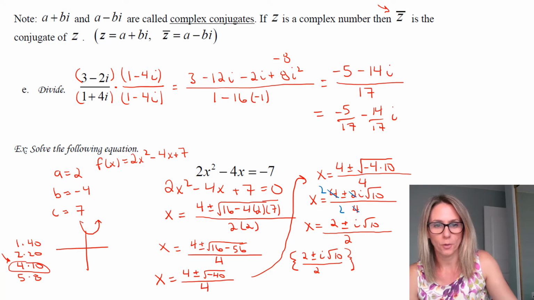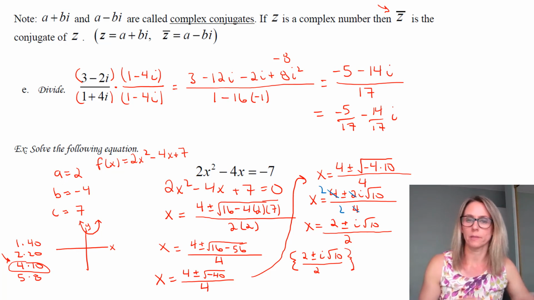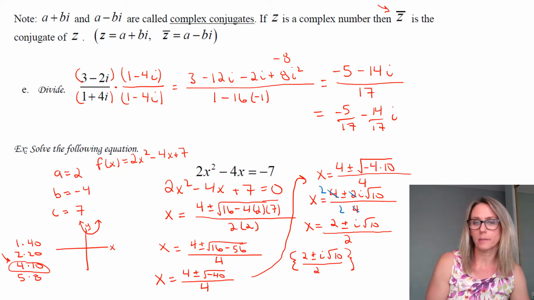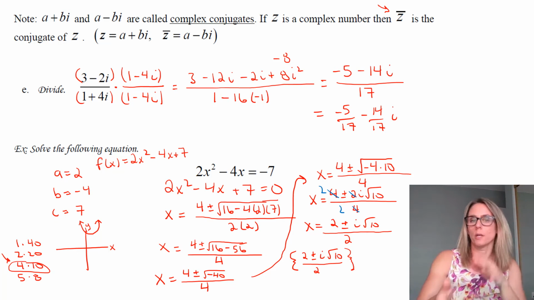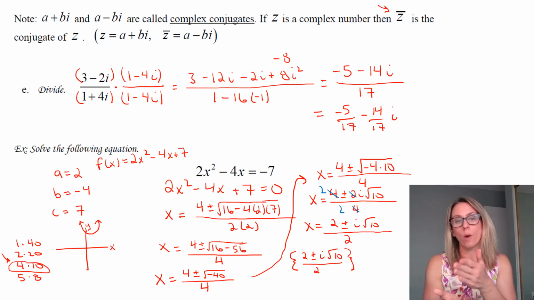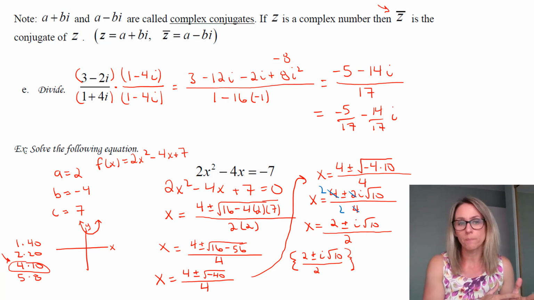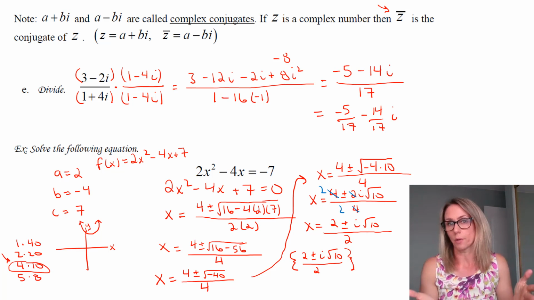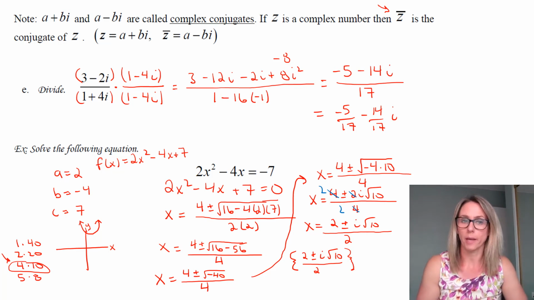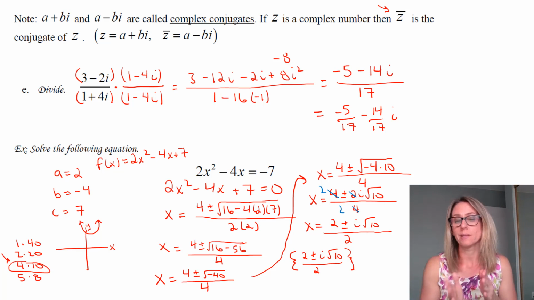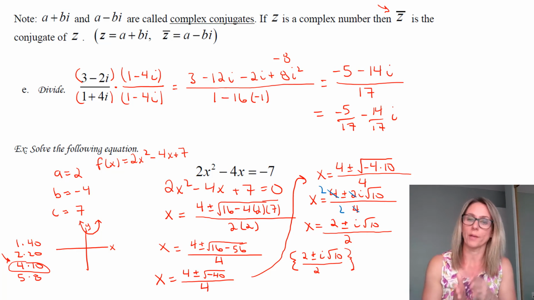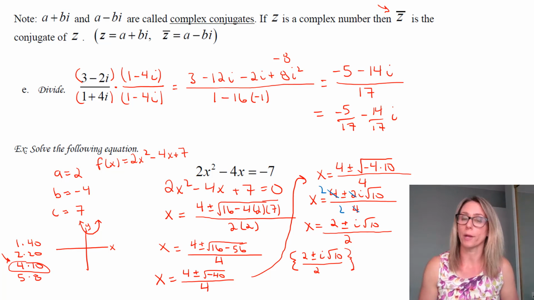The key thing to see here is, it's just a sketch, but if we were to graph this function, it would sit above the x-axis. There would be no place where it crosses the x-axis. That is because of the relationship between the equation we found and what that function would look like graphically, and where it would be equal to 0, which is the idea of crossing the x-axis and being x-intercepts. This does not have any, and so that's why we get the imaginary numbers when we solve that equation. That's section 1.6.